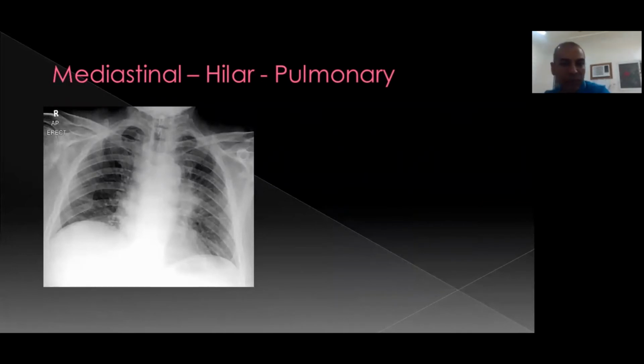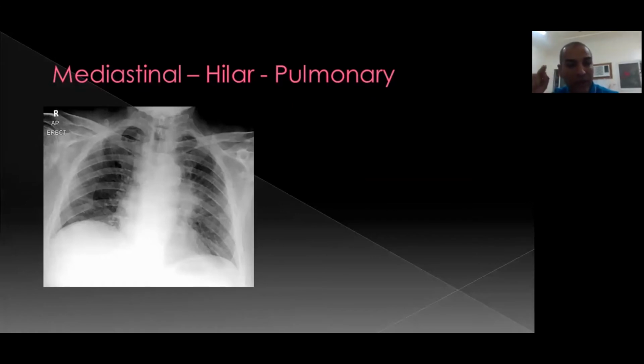The second step is to differentiate between the mediastinum and hilum. One of the basics in the chest X-ray, ask yourself first, do you see the hilum or not? If you couldn't identify the hilum, as we discussed before, the hilar bifurcation, then this one is a hilar mass.